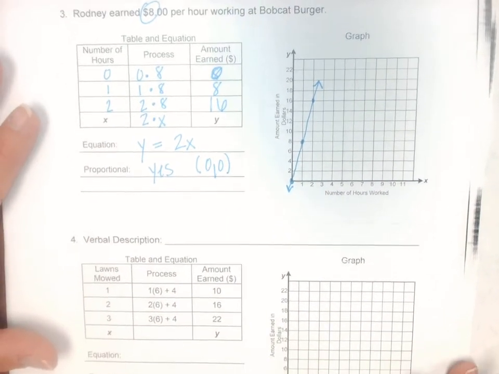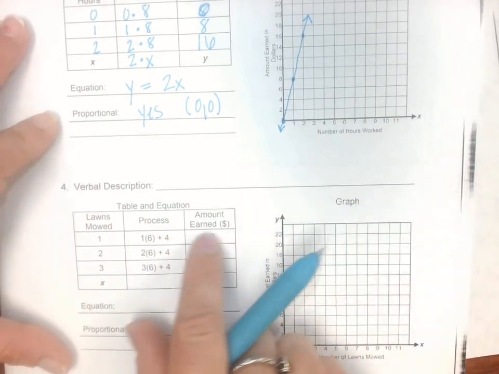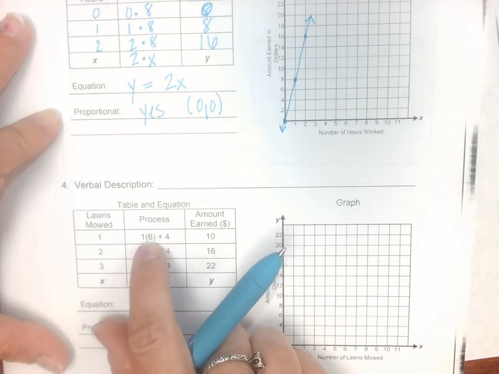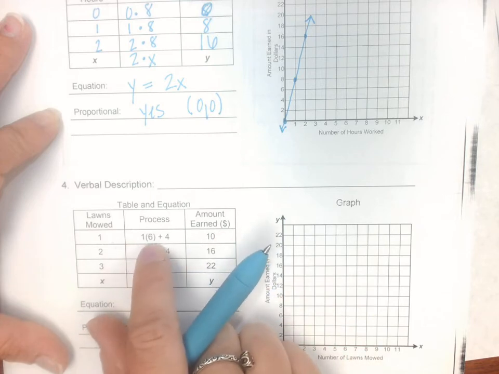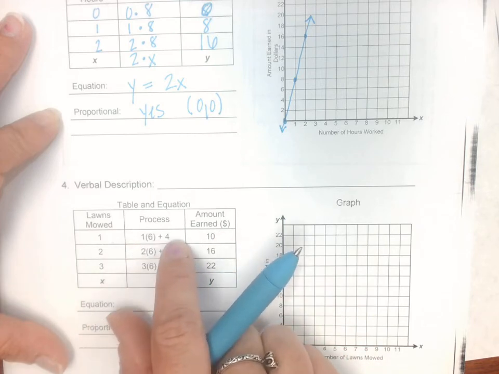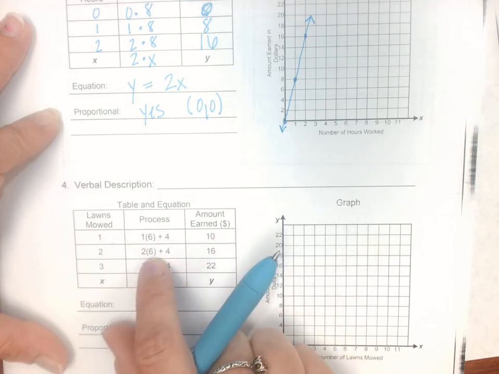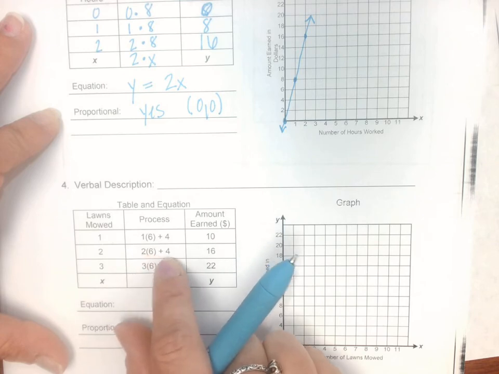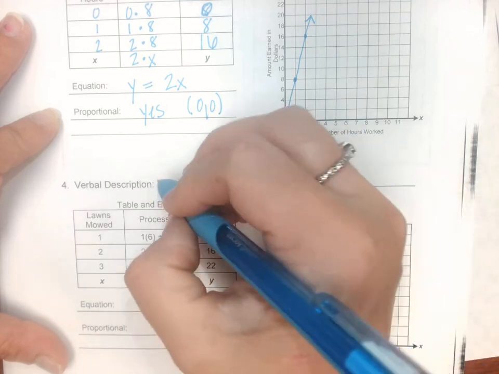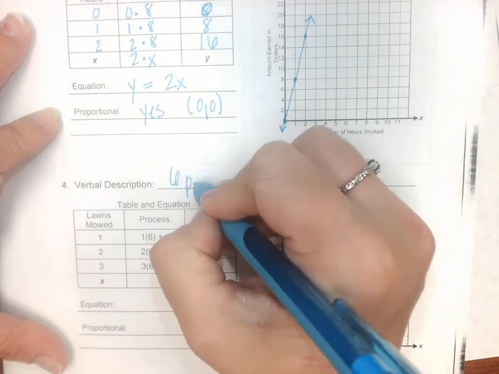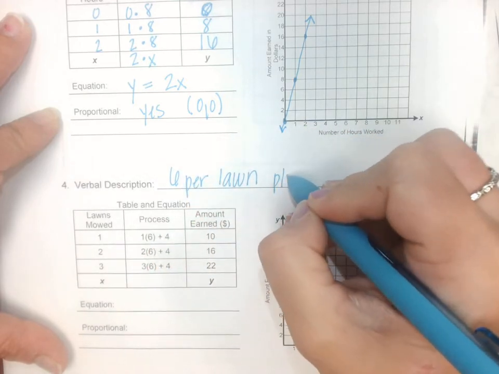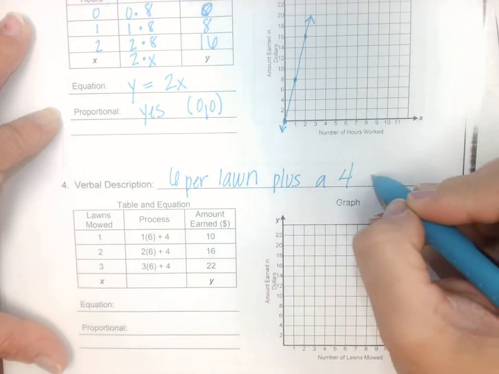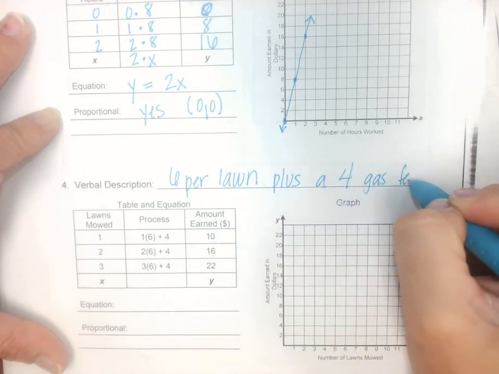All right. So here, there's no verbal, but I can see, look, lawns mowed and amount earned. Okay, so 6 times 1 lawn plus 4 is 10. 6 times 2 lawns plus 4 is 16. So I'm going $6 per lawn, and then say plus a $4 gas fee, right?